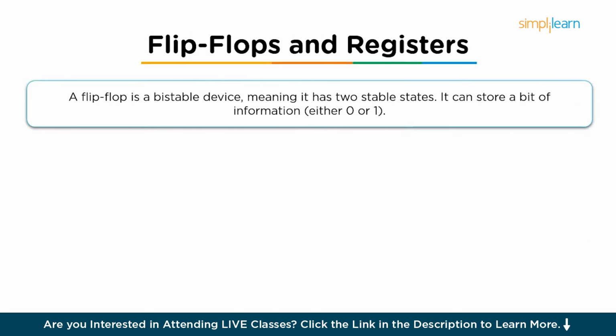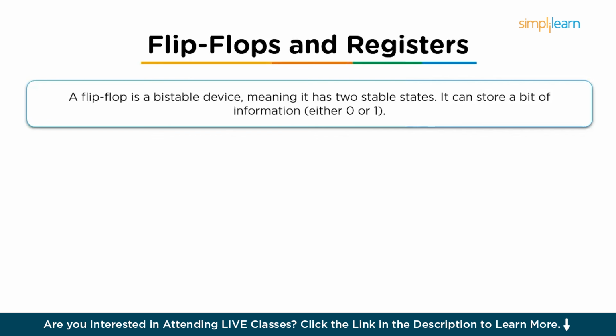A flip-flop is a digital device, meaning it has two stable states. It can store a bit of information, either 0 or 1. The state of the flip-flop is controlled by clock pulses, which allow it to change its state at specific times. So flip-flops are used to build more complex memory elements like registers, which can store multiple bits of data.